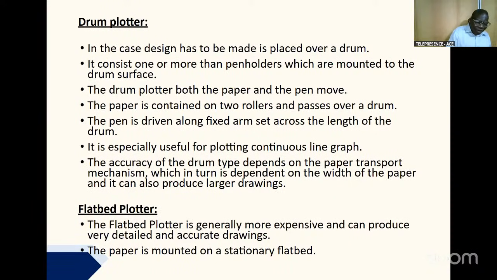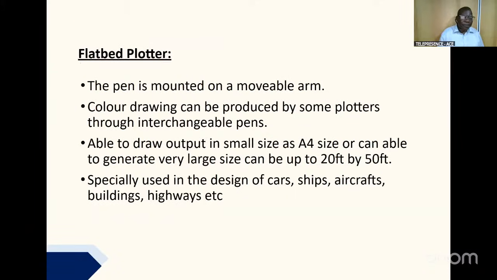Then we have the flatbed plotter. The flatbed plotter is generally more expensive and can produce very detailed and accurate drawings. The paper is mounted on a stationary flat bed. The pen is mounted on a single movable arm.